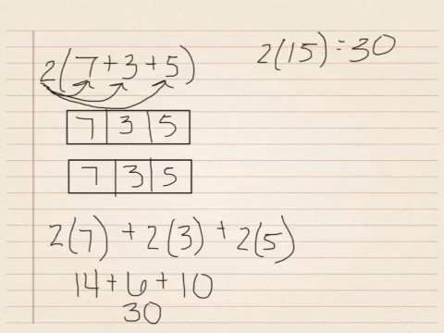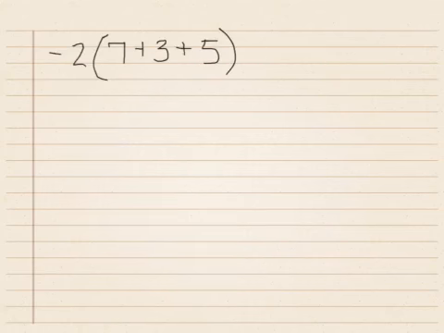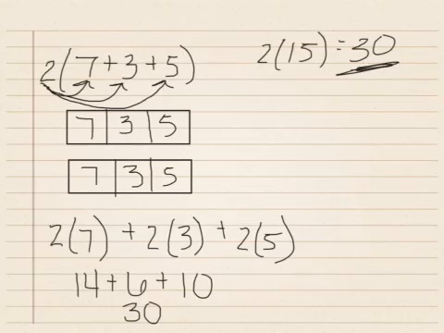If we take a look at this problem and compare it to its opposite, we have the opposite of two groups of 7 plus 3 plus 5. Comparing the opposite, where this was a positive 30 for our answer, if we think about what's really happening in the story, these friends are spending money, and they're going to spend $30.